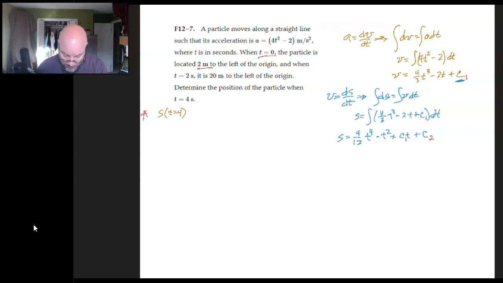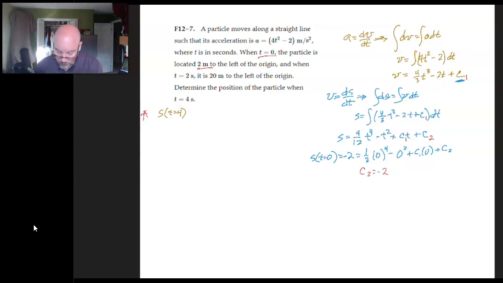So S at t equals 0 has to be equal to 2, and it's to the left of the origin, so it's actually minus 2. So 4/12 becomes 1/3, 0 to the 4th power minus 0 squared plus C1 times 0 plus C2. Aha! Well, that's pretty nifty. We can see right there that C2 is -2.